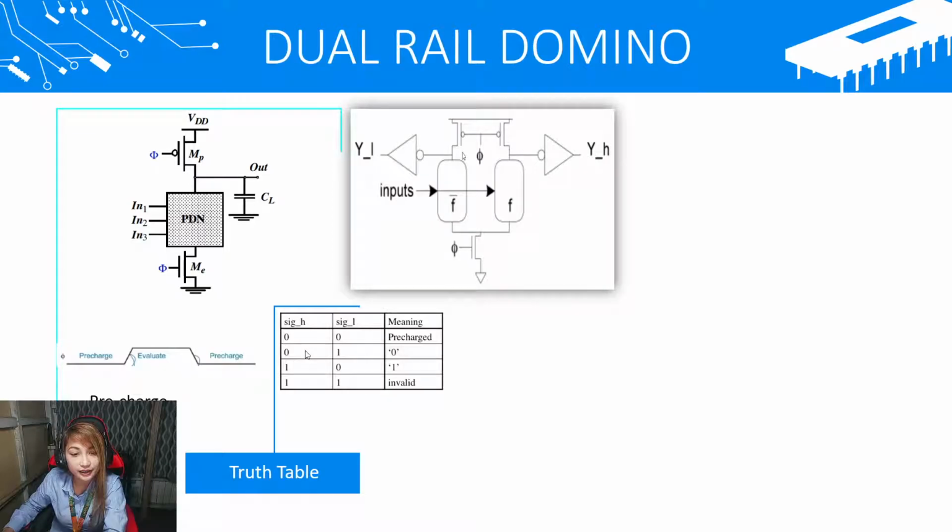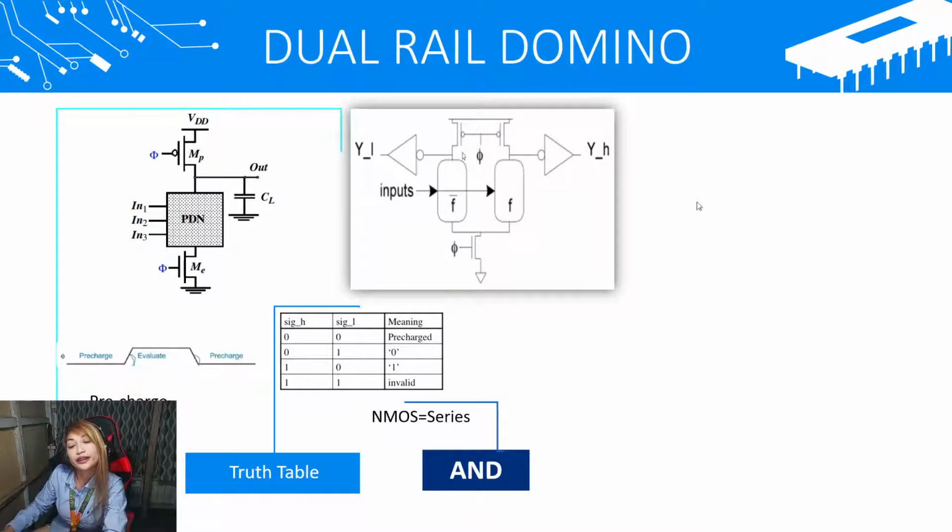And as you can see, in signal H, if the output is 0, it means 0. But if the signal H is 1, it means 1. And take note that when the signal L is 1, the real meaning is 0. And when the signal L is 0, the real meaning is 1, because signal L is the inverted output of the signal H.